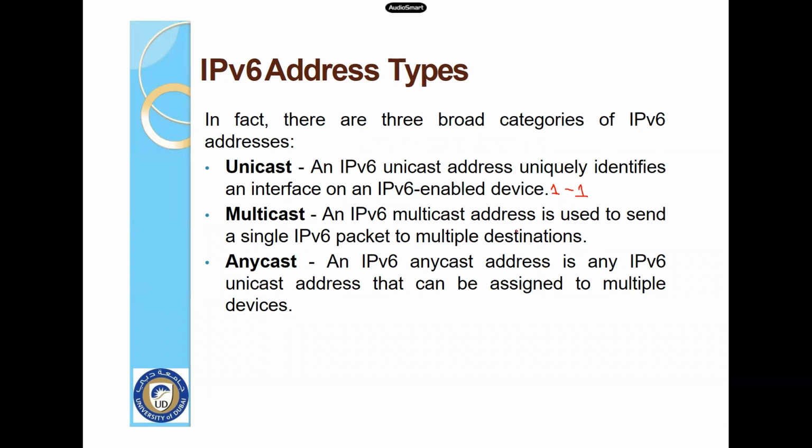Now, anycast is any IP version 6 unicast address that can be assigned to multiple devices. So this one is a bit different, in that the address can be assigned to multiple devices. That's the anycast. There is no broadcast in IP version 6.